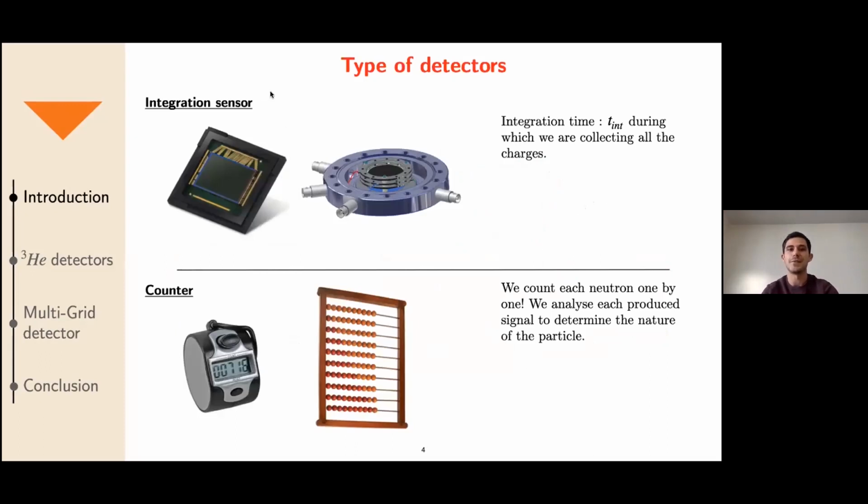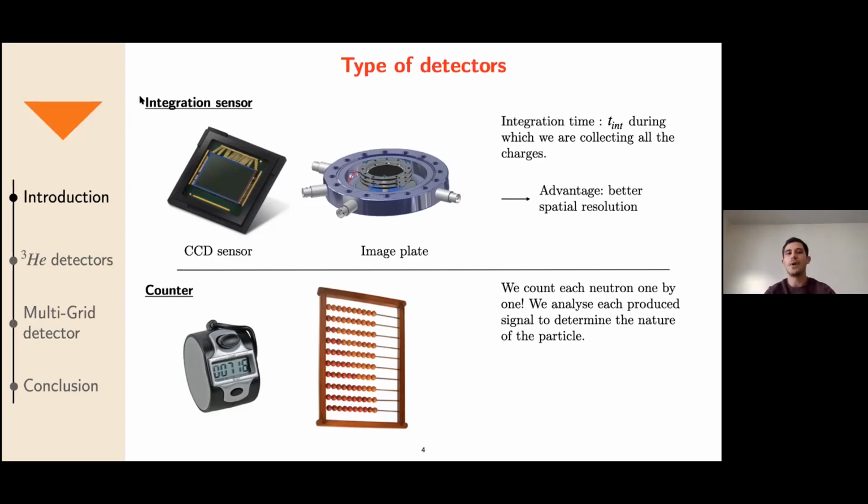For the integration sensor, during an integration time, the detector collects all the charges arriving on it. For example, there are CCD sensors and image plates. For the counters, we count each neutron one by one. We analyze each produced signal to determine the nature of the particle, and the idea is to configure the detector to be sensitive only to neutrons.